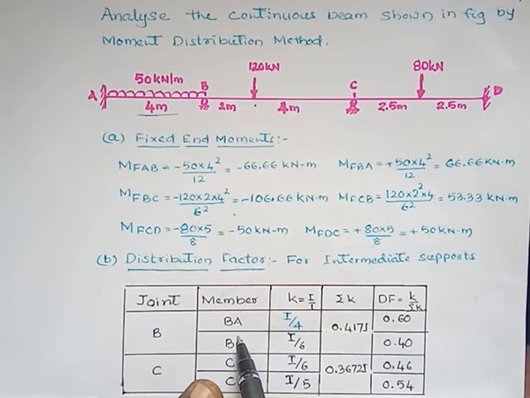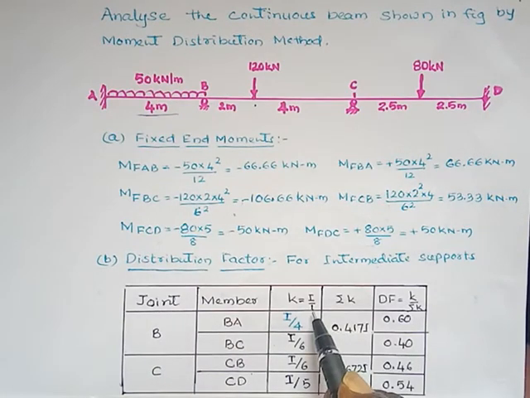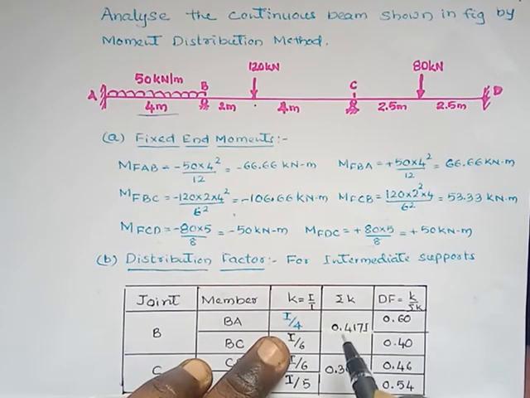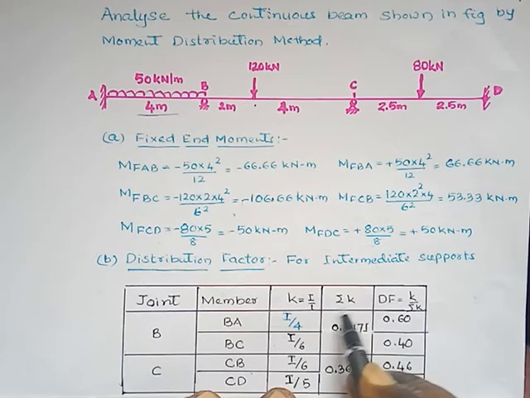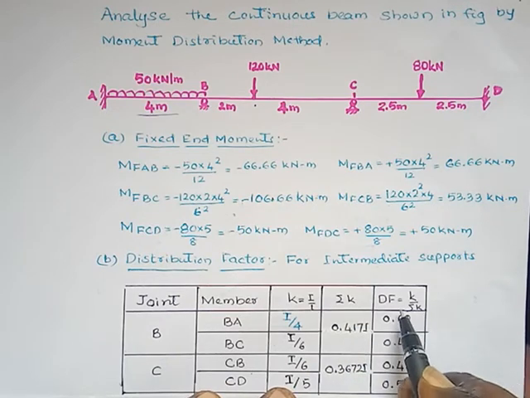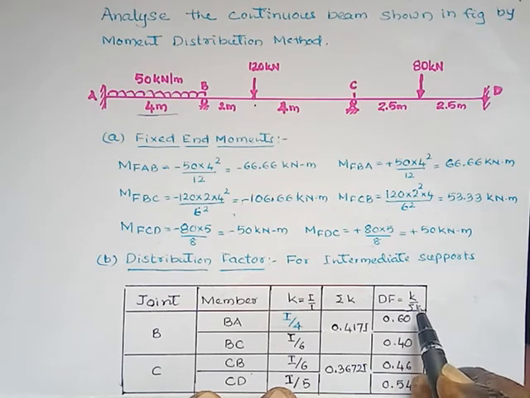Here for member BA, K, that is the stiffness factor, equals I by L, and summation K is the summation of the relative stiffness at that joint. Distribution factor is given by relative stiffness of the member divided by summation of the relative stiffness at that joint.